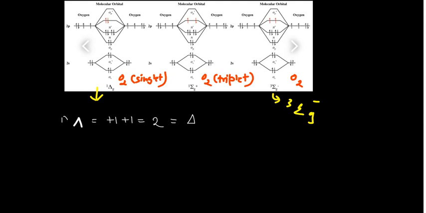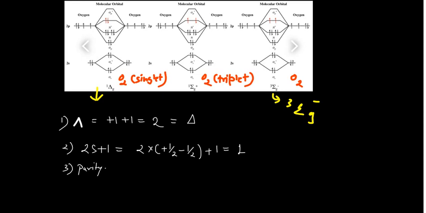In the second case, to determine the spin multiplicity, 2S plus 1, both electrons are paired, plus half and minus half. So S is zero, and 2S plus 1 gives you 1. Just like that. After that you can determine the parity.